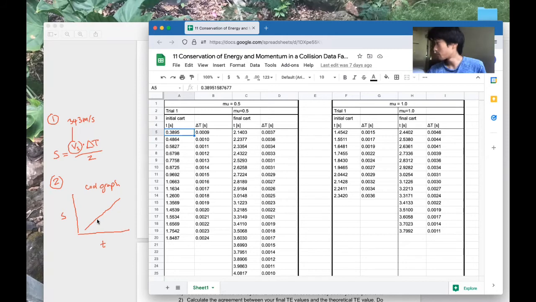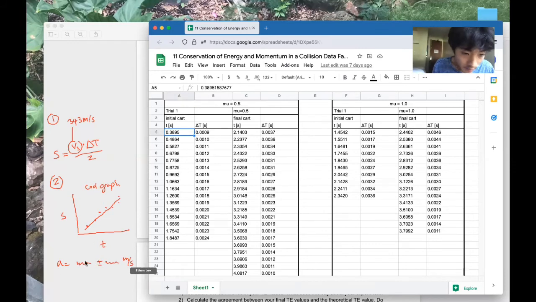Your graph is probably going to look like this or something. And then you're going to fit a linear fit to that using Davis, as always. Once you fit your linear fit, it's going to output a slope. I think they call it A equals some number in meters per second.